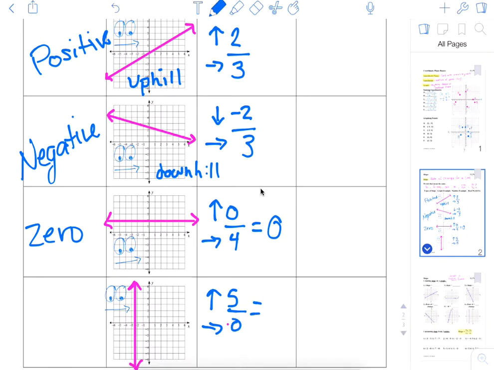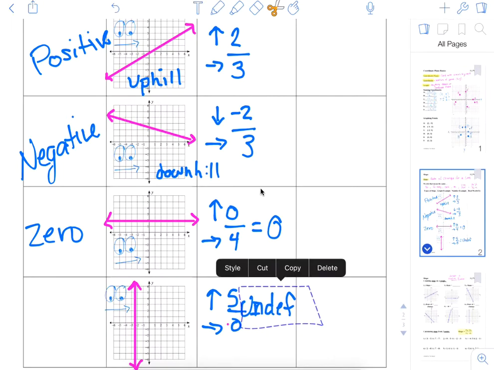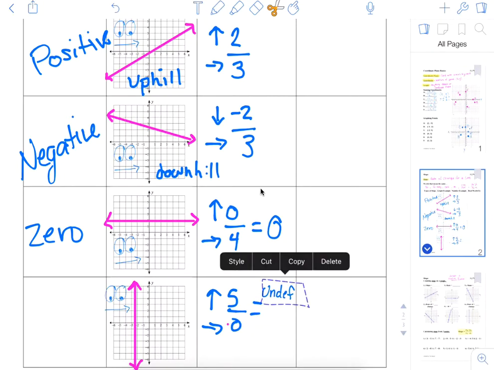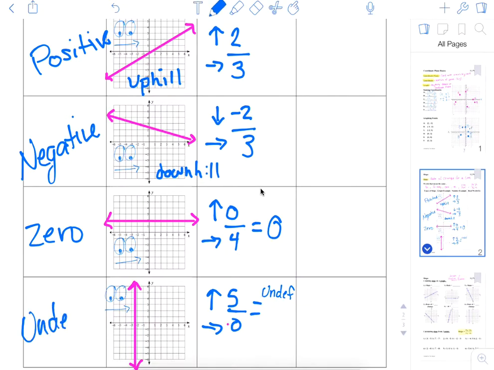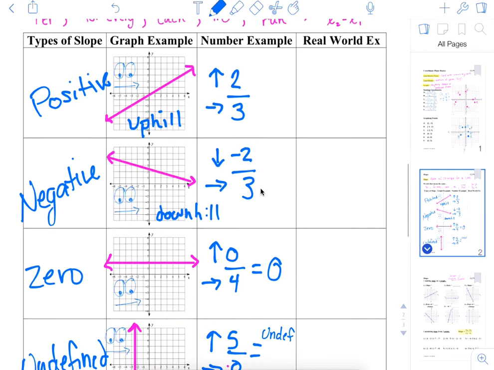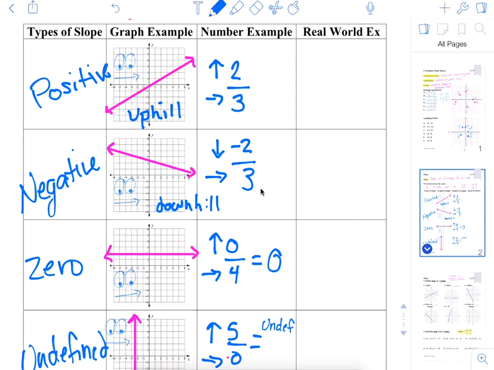If you type that in a calculator, it's going to give you UNDEF. What that means is undefined. We cannot divide by a 0. So what we say is that graph has an undefined slope.